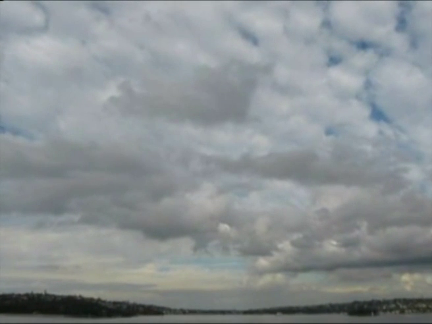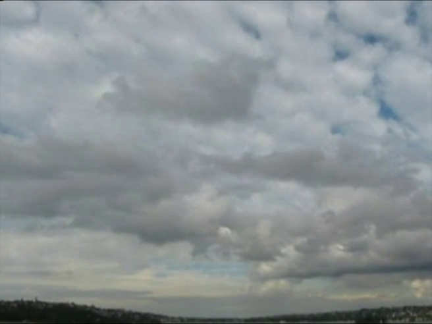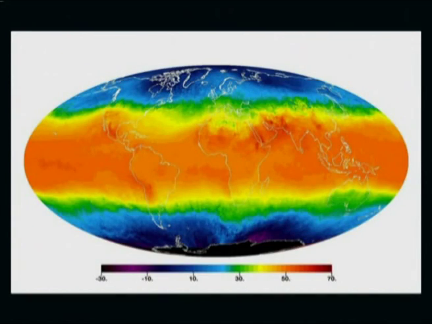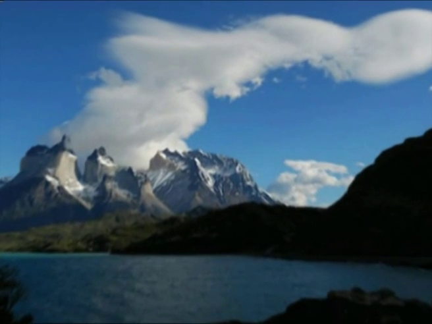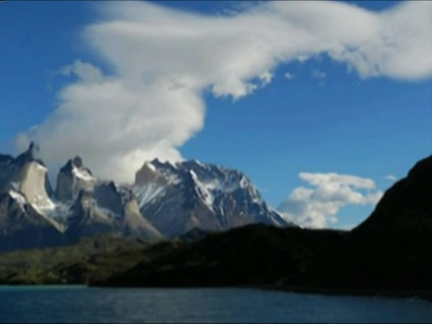When air remains in contact with a surface for a couple of days, it acquires the temperature and moisture of that area. If the surface is warm, heat is transferred by the process of conduction. If the surface is cold, the air above will be cooled and heat will be removed, and similarly with moisture. The air always tends to be in equilibrium.